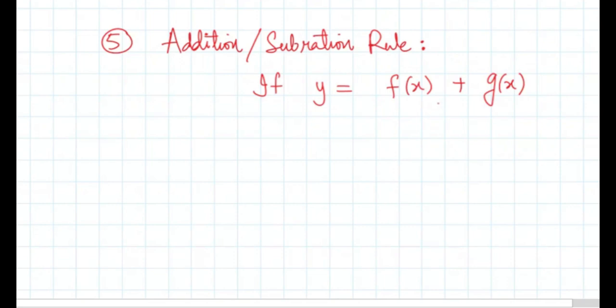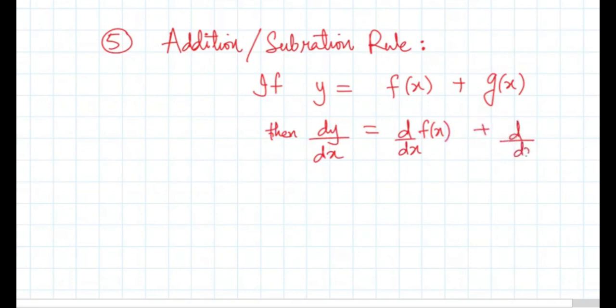So all you need to do is just differentiate them separately. So dy over dx, that's just going to be the separate derivatives of f of x and g of x. Nothing fancy, just differentiate them separately.